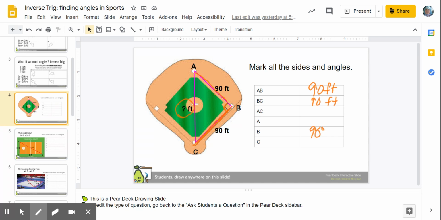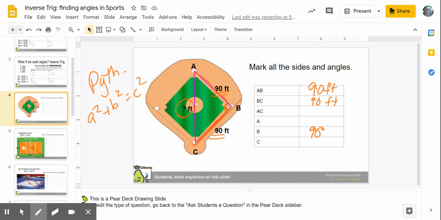But if I'm given 2 sides, this is like a throwback to the very first thing we did in this unit. If I'm given 2 sides of a right triangle, how do I find the hypotenuse? Starts with a P and is Greek. Pythagorean theorem. What is Pythagorean theorem? Boom.